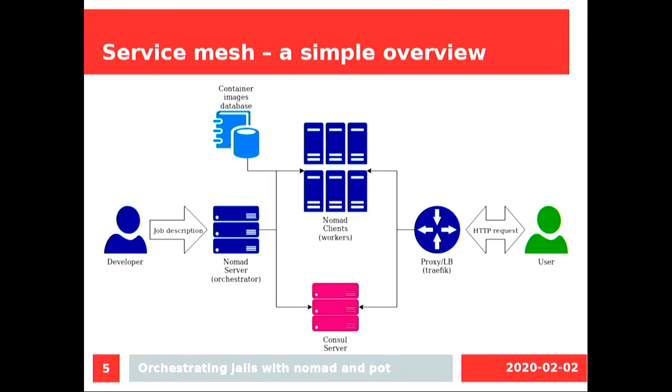Basically, the developer has a job description where they specify which container to use, which port should be exposed, which type of service it is, and so on. Here we have a central point, in this case the orchestrator.